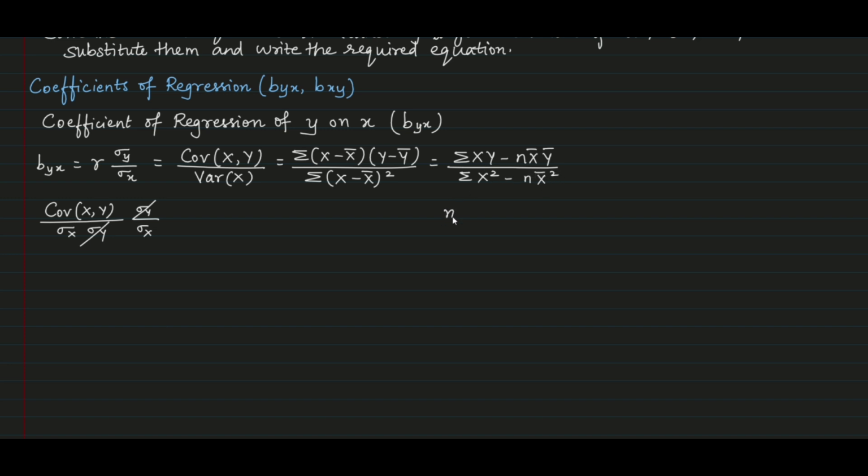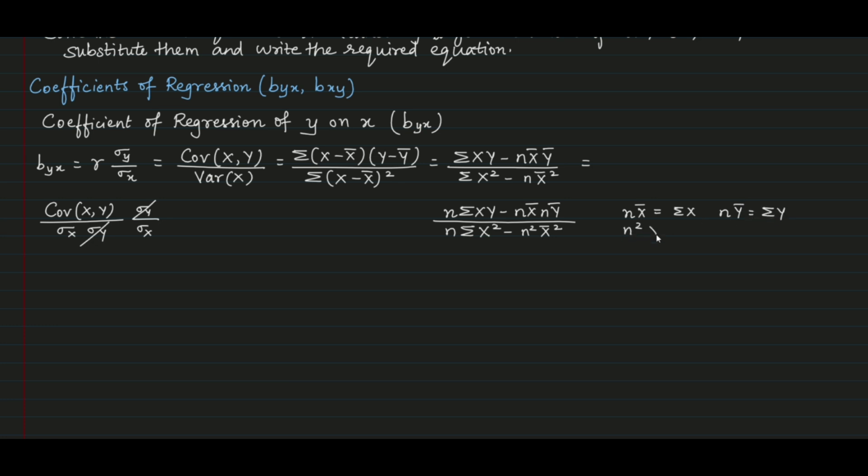When I multiply n into this, it becomes n times summation xy minus nx bar into ny bar upon, again multiplying n in the denominator, I get n summation x square minus n square x bar square. We know that n times x bar is summation x, n times y bar is summation y.